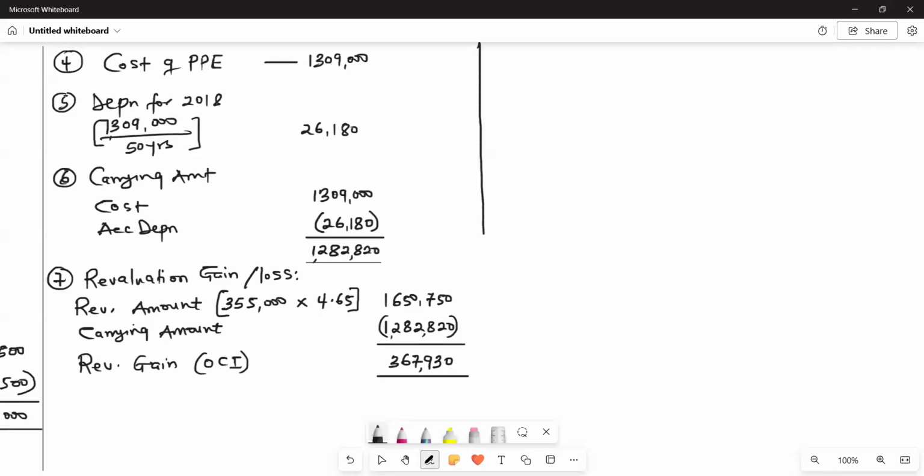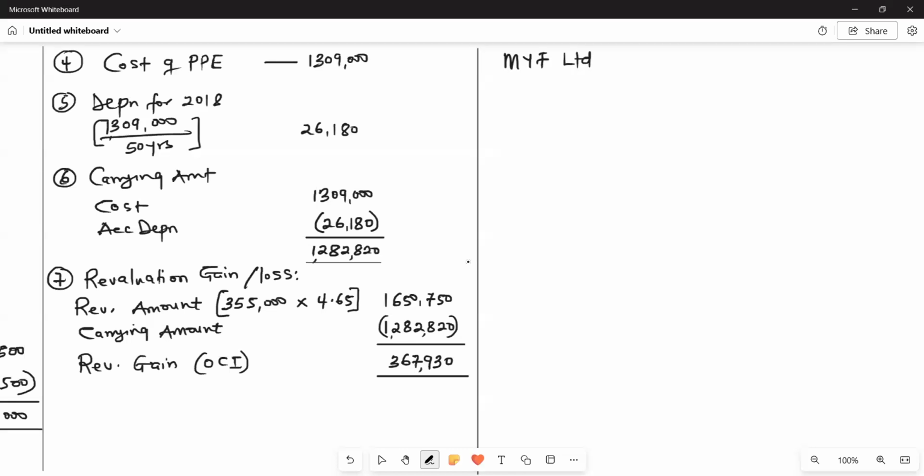Okay, so we just paste what we have done in the financial statements. The name is what? It's MYF. But there's no limited attached.